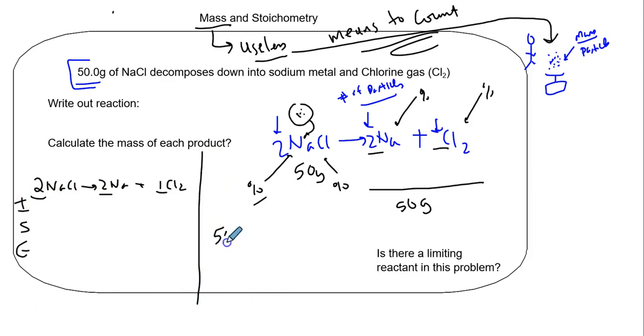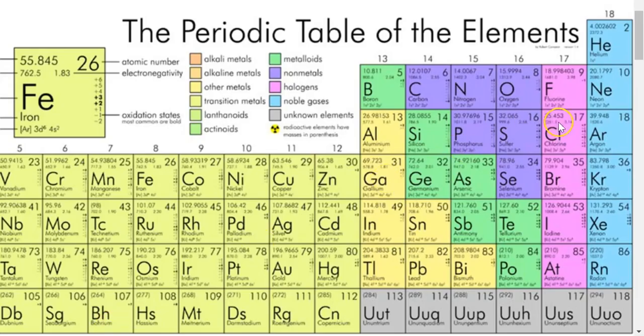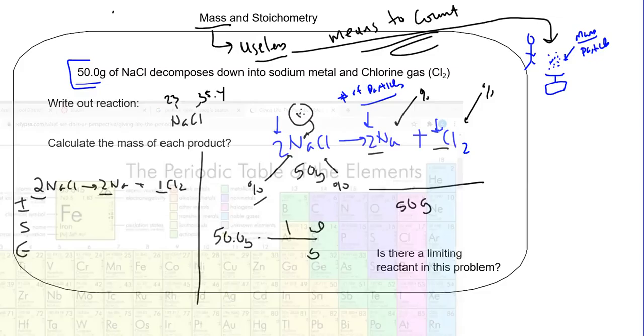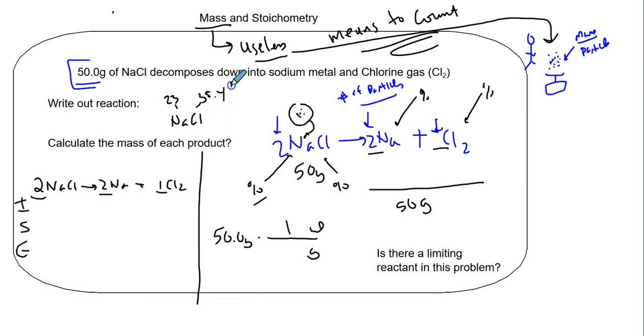So I'm going to go with my 50 grams and get rid of the grams and go to the moles. 1 mole for NaCl: this is 23, this is 35.4, and let's make sure we got that. 35.4, and the 23 is good. That's going to give me 58.4 grams per mole. So I have less than 1 mole.